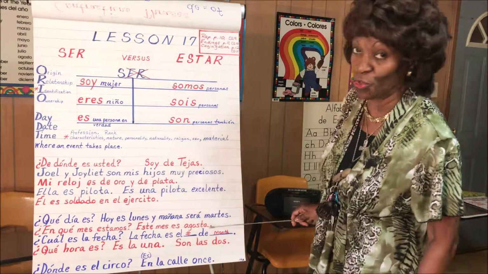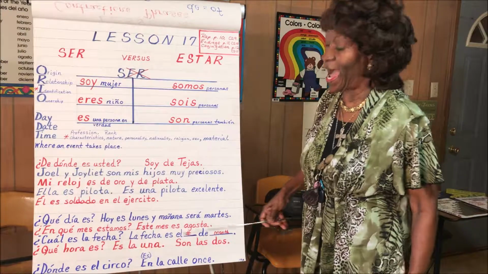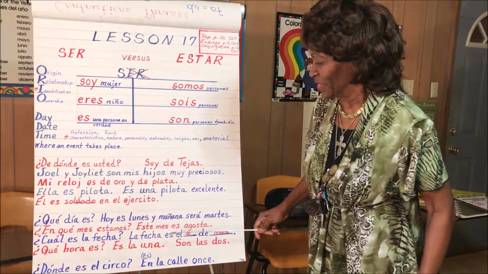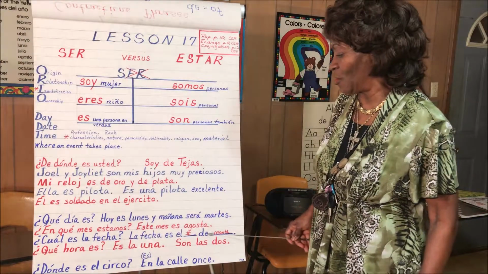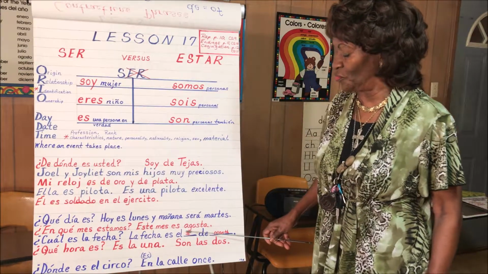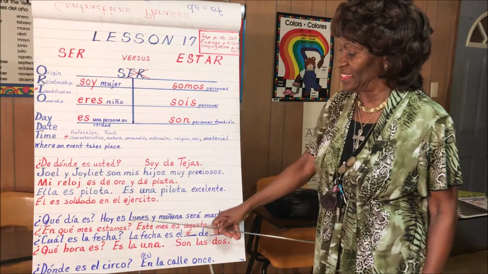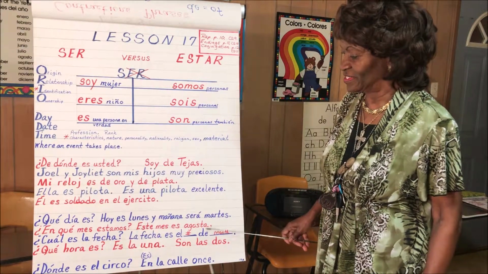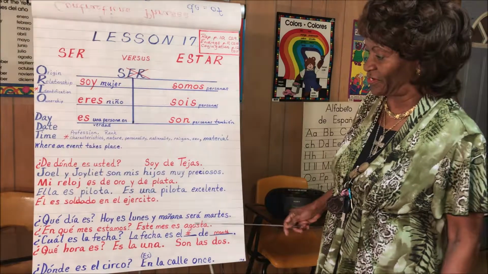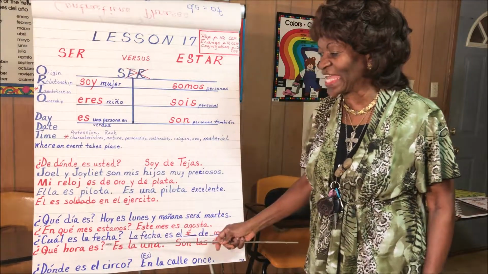Uh-oh. How about agosto instead of agosta? All right. Agosto. Lo siento. Este mes es agosto. This month is August. And notice that we don't capitalize the months and the days in Spanish. Okay? They're lowercase letters. What about the date? ¿Cuál es la fecha?